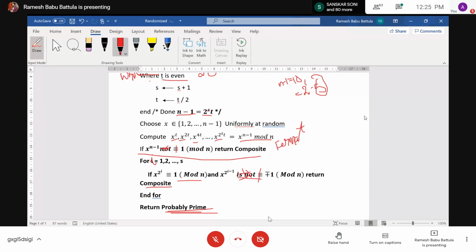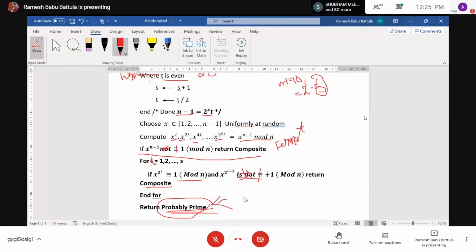Got it? Here I am not declaring this as a prime number. This is a probably prime. Maybe this algorithm in future might not be satisfied for some prime numbers. That's why most primality tests declare the resultant value as probably prime.